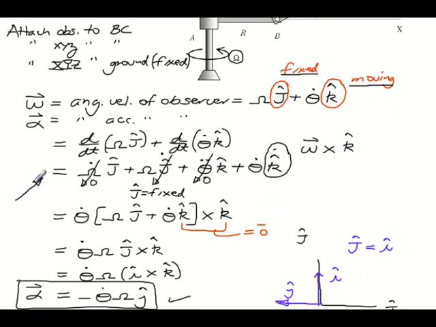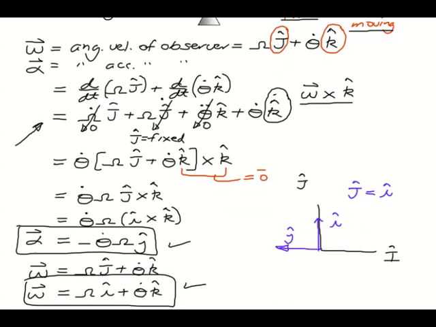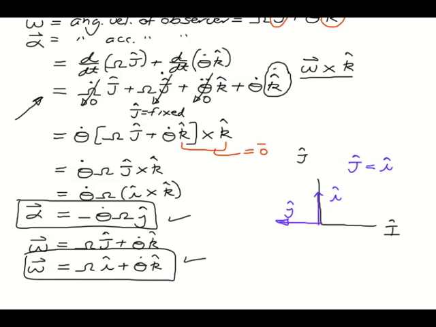The differentiation gave us four terms. Two of them, omega dot and theta double dot, dropped out because omega and theta dot were constants. A third term, J dot, dropped out because J is pointing the same way for all time. So all that we were left with was a k dot. We used a result from class that the time derivative of k is omega cross k, and then carried through that in order to get the angular acceleration of our observer.